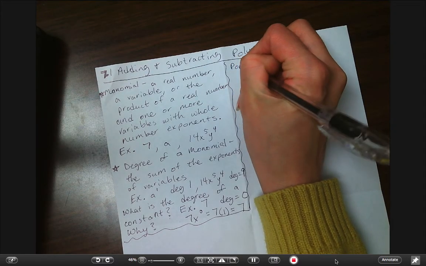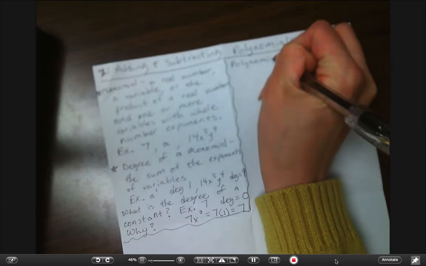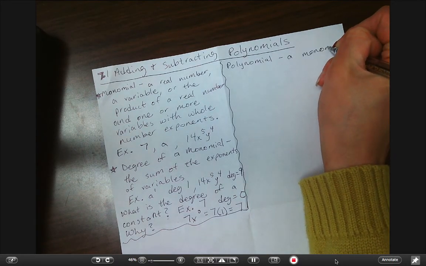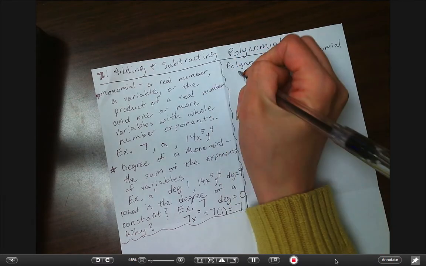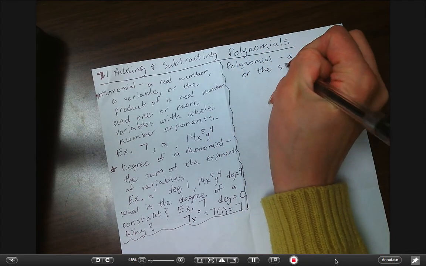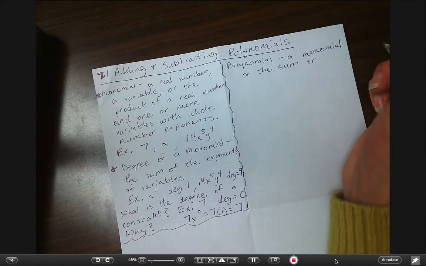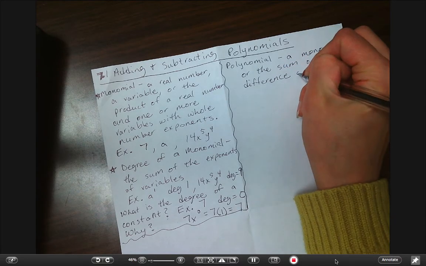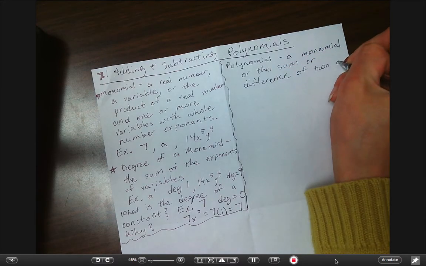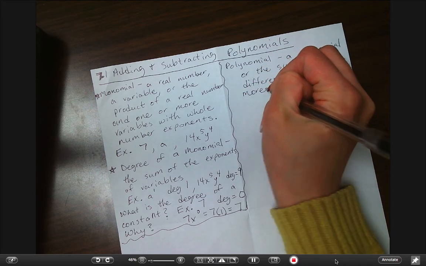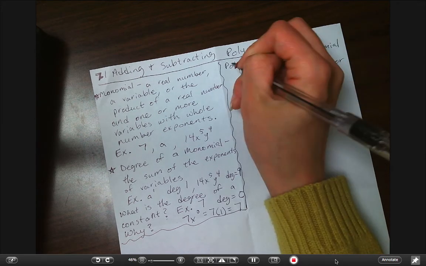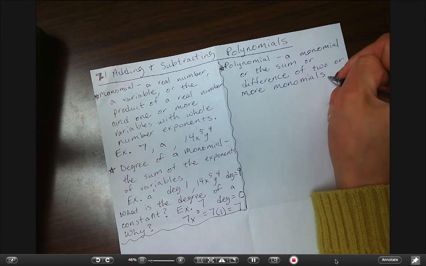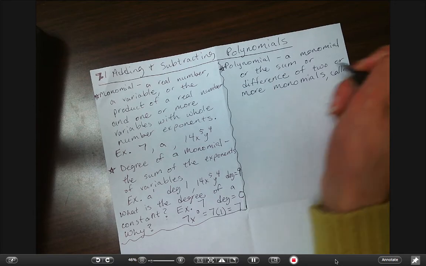A polynomial, the definition is a monomial or the sum or difference of two or more monomials called terms.